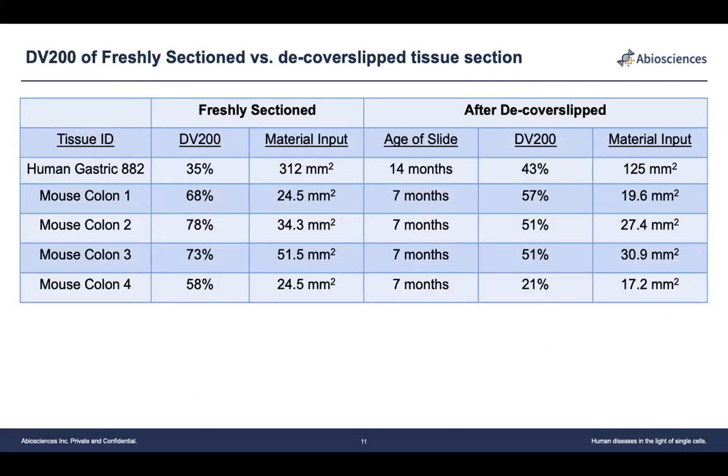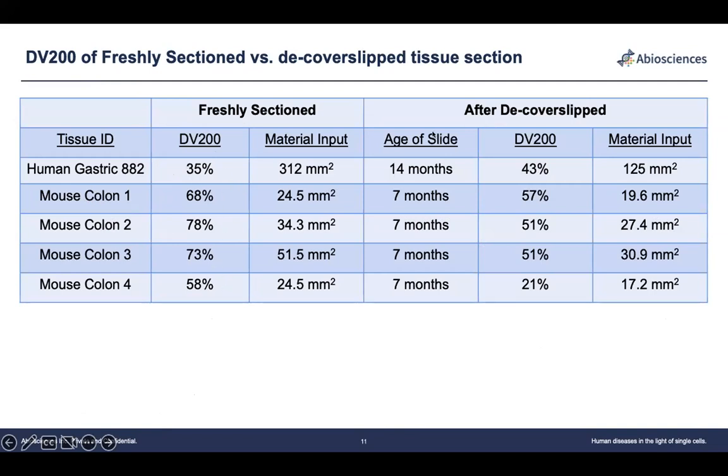People might wonder about the DV200 from the fresh section versus the archived tissue. So we have this data, which we obtained from freshly sectioned tissue. Here's the DV200 of various types of tissue, including human gastric and a few different mouse tissues.